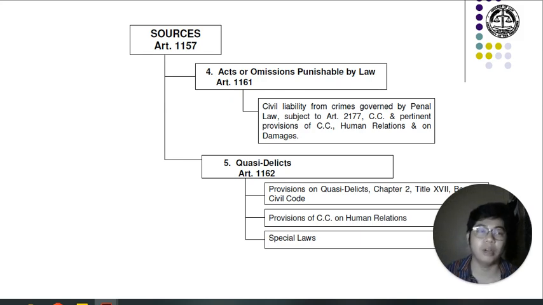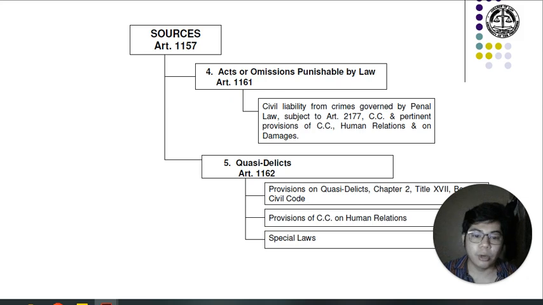So the Supreme Court said, even if we assume that there was no deed of sale, there is still a contract of sale, because a deed of sale does not presuppose the existence of a contract of sale. Okay? So this is also in the case of Ainsa versus Padua, an additional case that supports Uy versus Heirs of Uy.